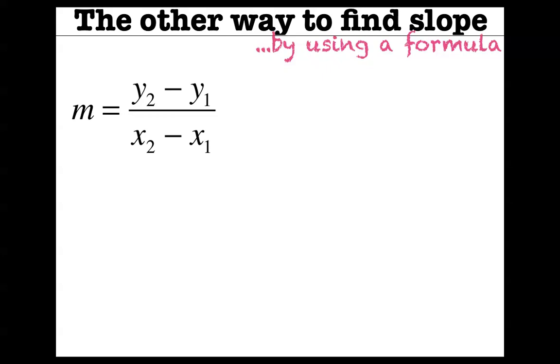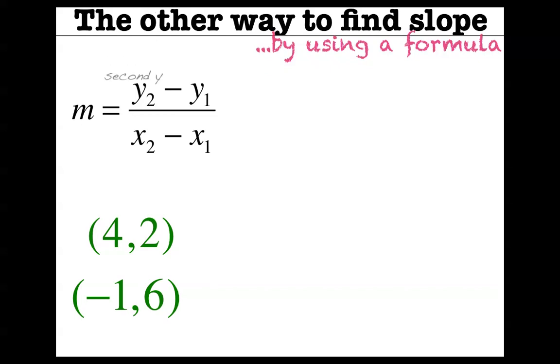What these are talking about is, if you have 2 points, each point has coordinates, and each coordinate has an x-coordinate and a y-coordinate. So this is talking about the second y-coordinate minus the first y-coordinate over the second x-coordinate minus the first x-coordinate.